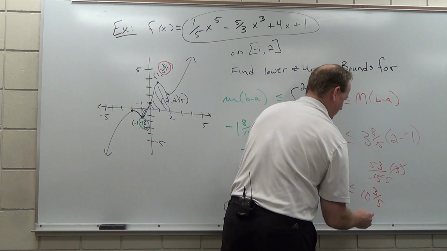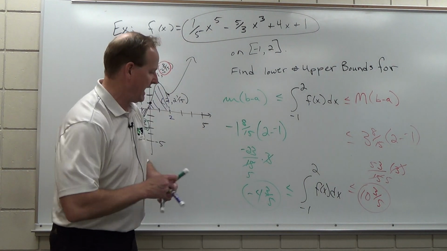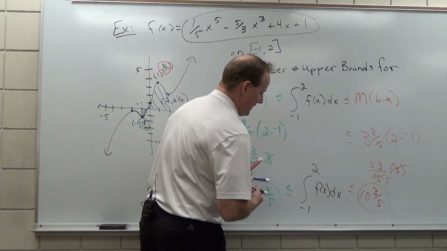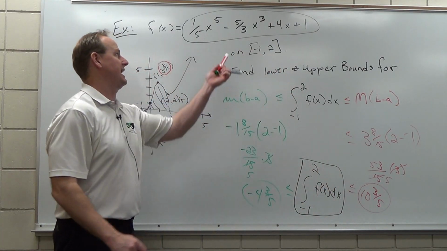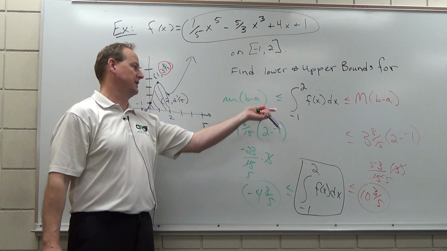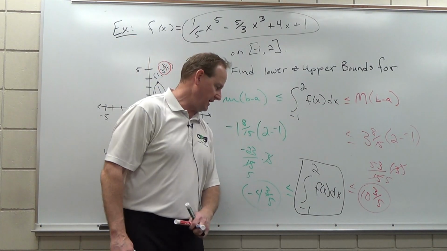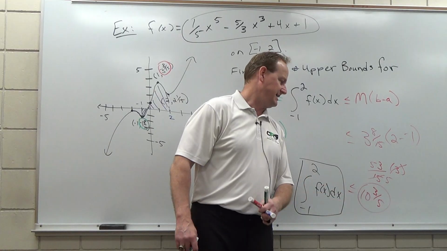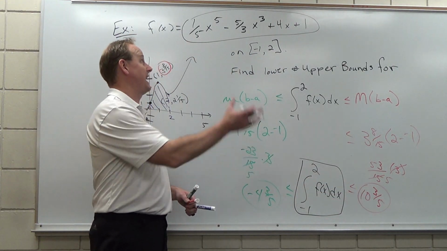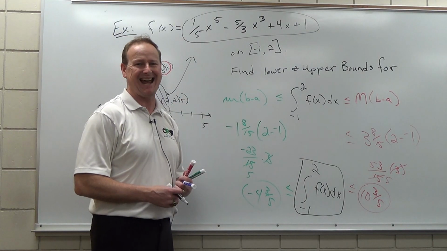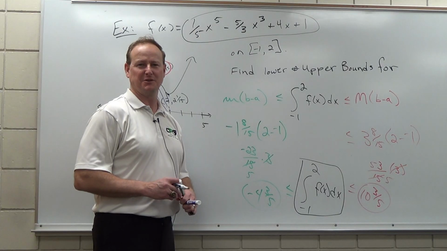So you can leave it improper if you want as 53/5, but basically as a real number, I know that the definite integral from -1 to 2 of f of x with respect to x for this function on the closed interval, of course, -1 to 2, is somewhere on or in between -4 3/5 and 10 3/5. And what we're going to do in a future video is come back and find the exact area of this, and we'll notice that it'll land right in between those two boundaries.